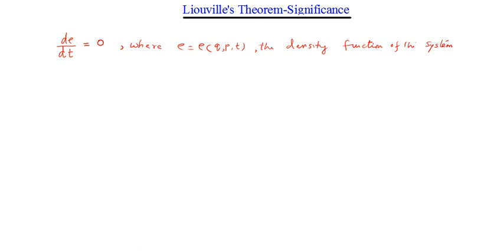Now we have shown during our derivation that d rho by dt can be re-expressed, by using Euler expansion, as the sum of two other terms, that is the Poisson bracket of rho with h plus the partial derivative of rho with time.